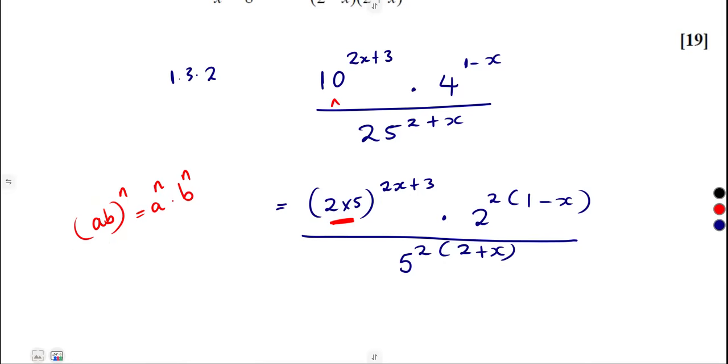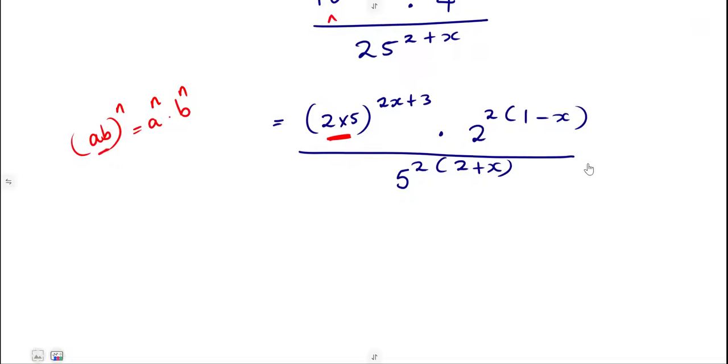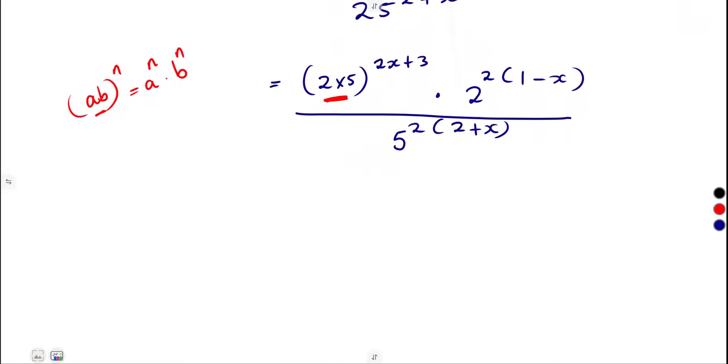So it is the same thing as what we are given on our question. We have 2 times 5, just like a times b. So each number that you are given inside of the bracket must be raised to the exponent of 2x plus 3. So that's 2 to the exponent of 2x plus 3 times 5 to the exponent of 2x plus 3.